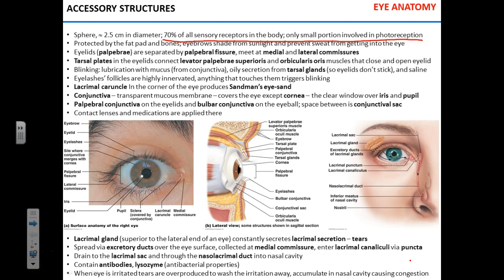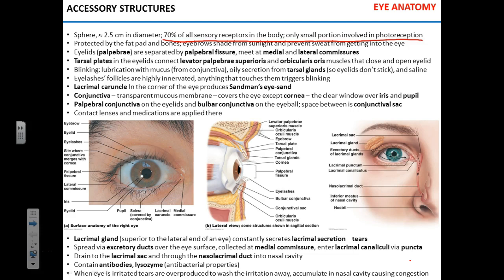Out of that ball with the diameter of 1 inch, only a small part, the retina, is actually involved in getting the image, the transduction of the image.